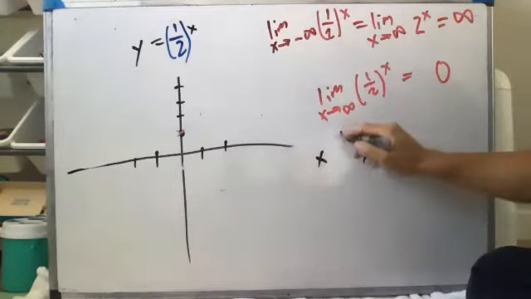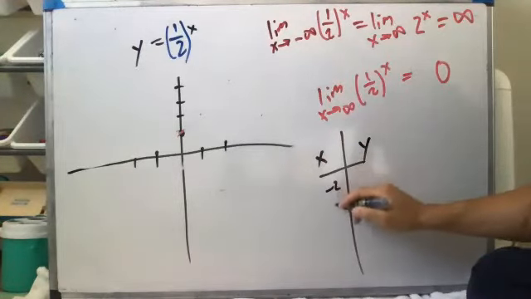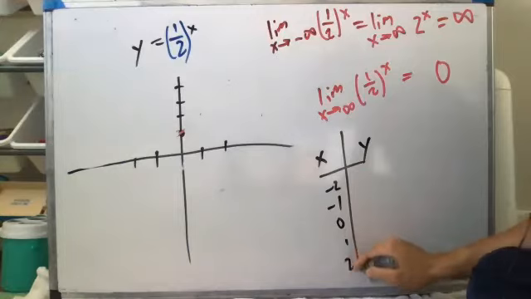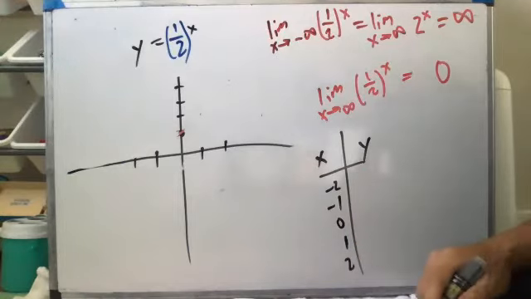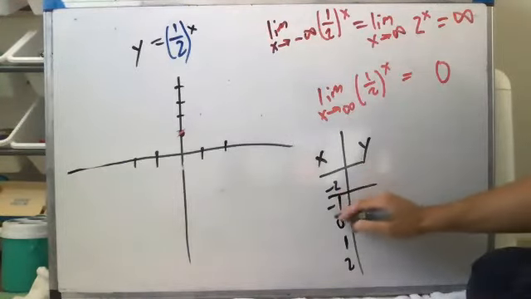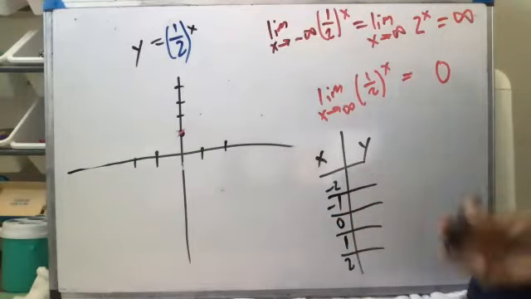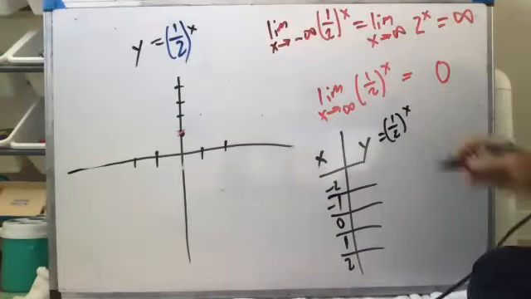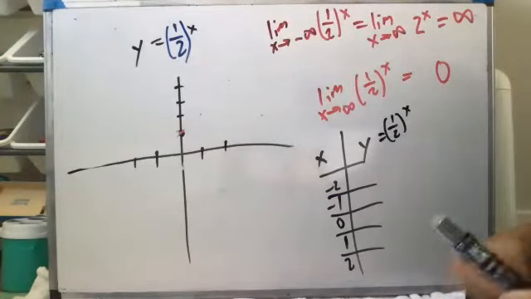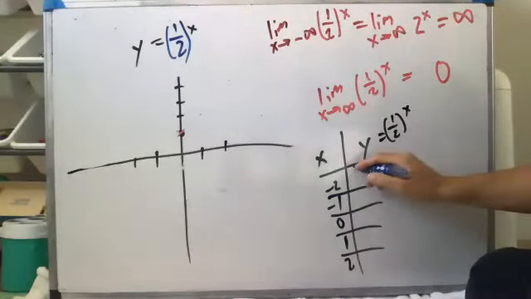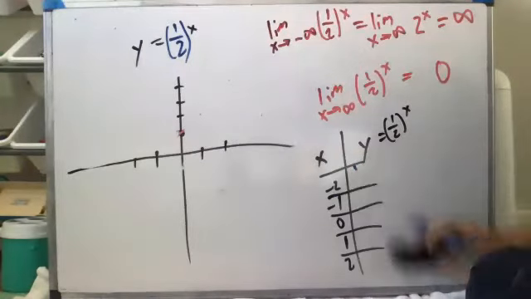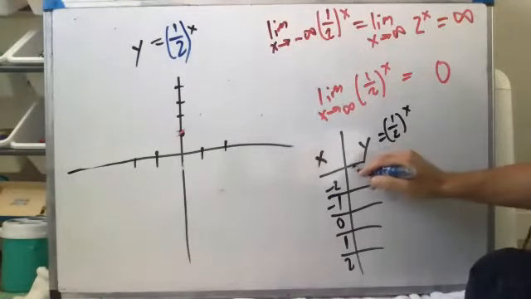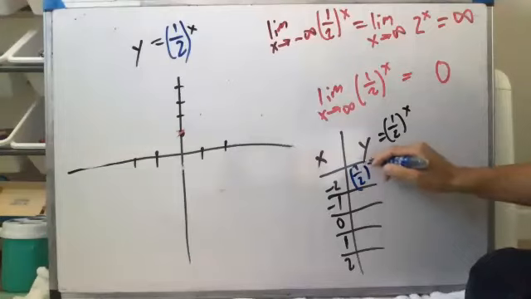Let's plot points again. We'll do the same points. If I plug in -2, this is 1/2 to the x, so -2 is going to make it 1/2 to the -2. Oh, let me write it out first. 1/2 to the -2.